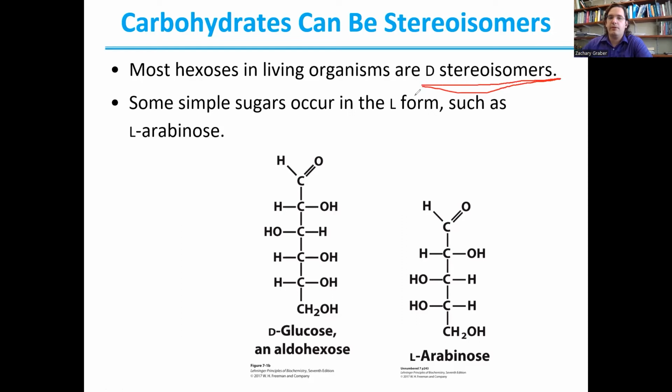So just as we saw with amino acids, our biological systems don't create equal amounts of each of these enantiomers. So there are a few sugars that are found in the L form, such as L-arabinose, but we'll most commonly see D form sugars, such as our D-glucose, which is our common nutrient in the body.